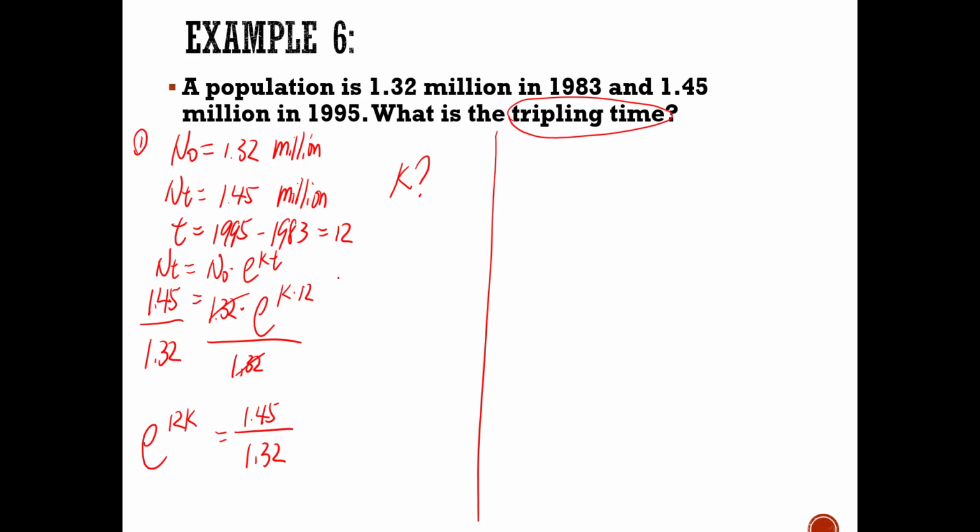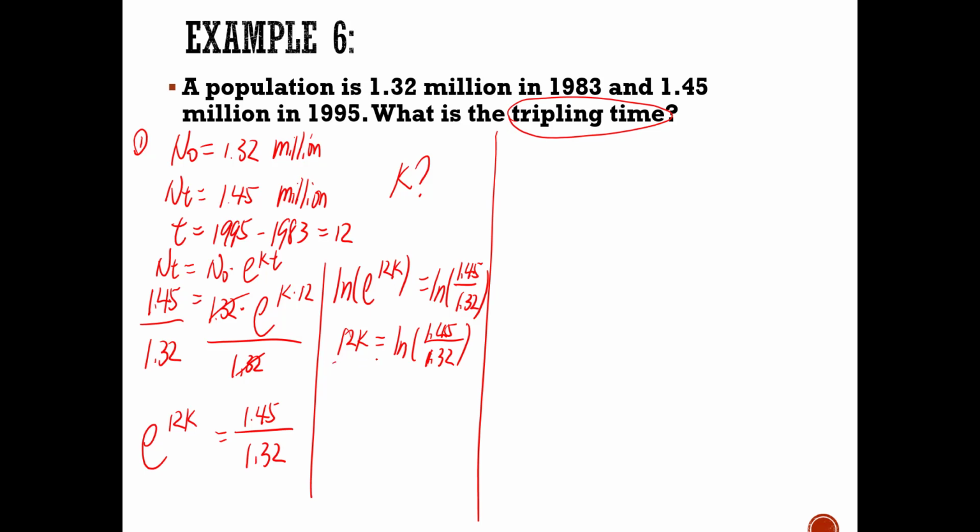Now similarly, we're taking the ln of both sides of the equation. Ln of e to the 12k equals ln of 1.45 over 1.32. Cancel that, 12k equals ln of 1.45 over 1.32.